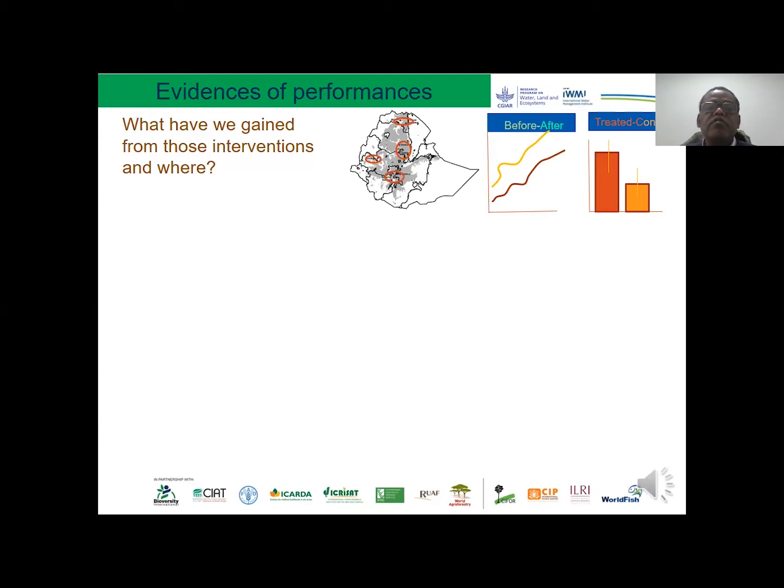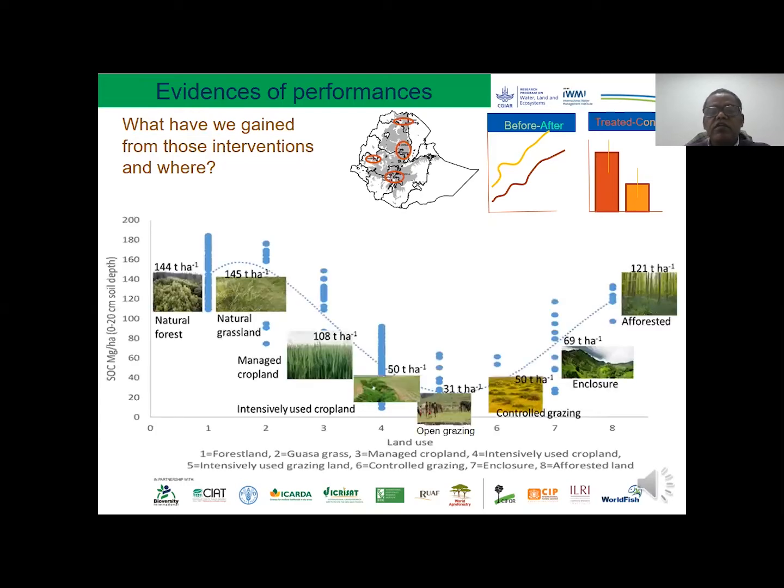Another very important component that is mostly missed is evidence generation. In most cases, this evidence is not generated adequately. There is no baseline data, even though there is a huge investment in land restoration. So in our learning watersheds, we have tried to collect as much evidence as possible, and also at a national scale.